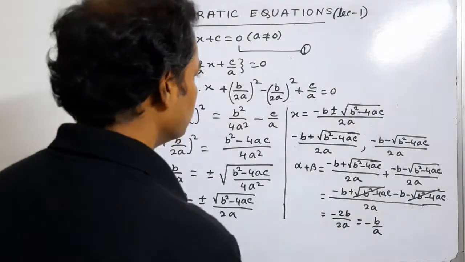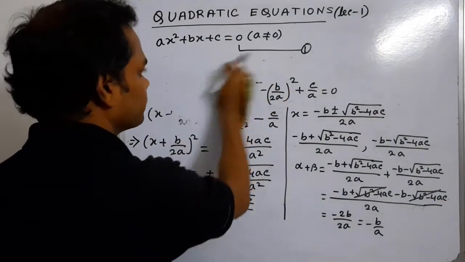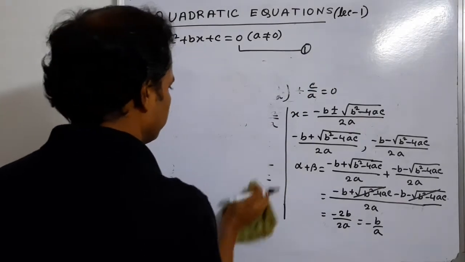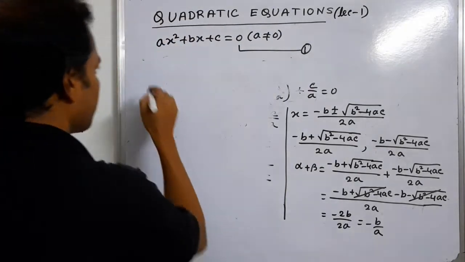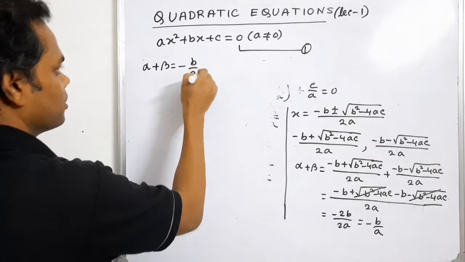So the sum of two roots, alpha plus beta, equals minus b by a.